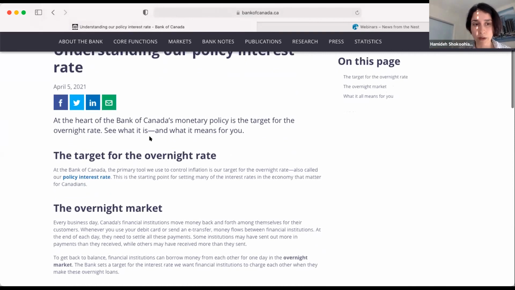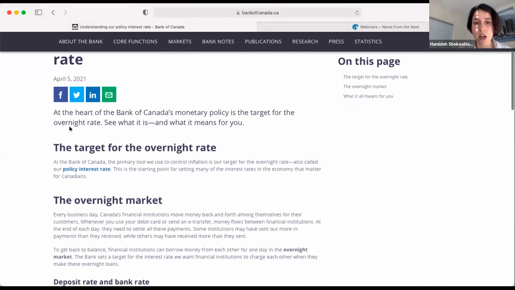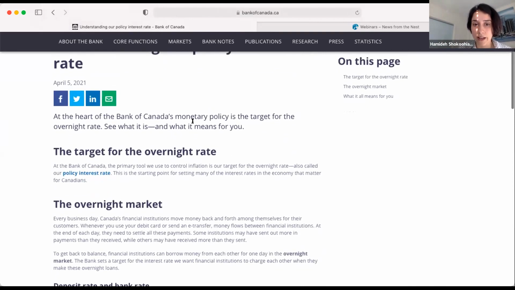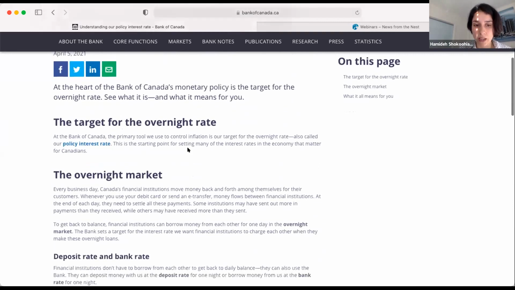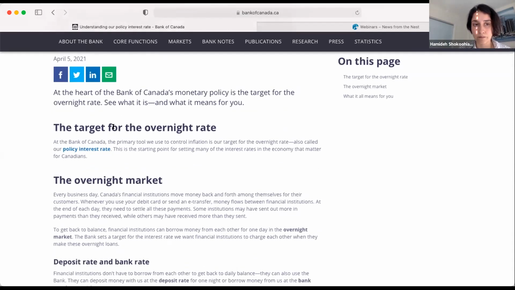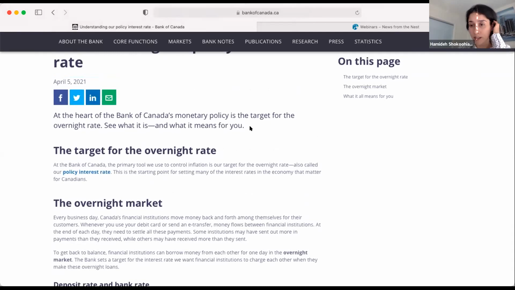I open the document and I ask them, okay, now go ahead, read this one important sentence on the top, which tells them the importance of this policy interest rate for imposing monetary policy.